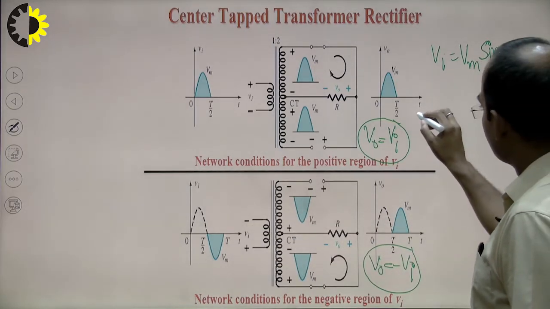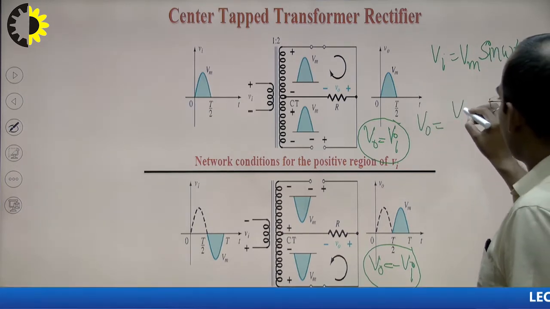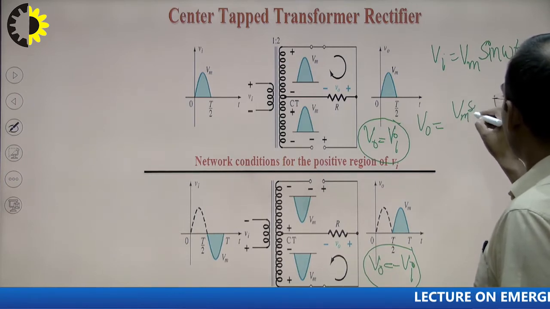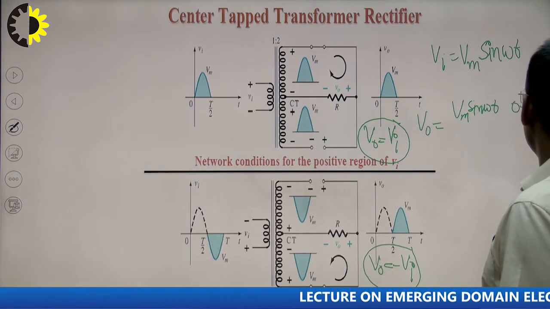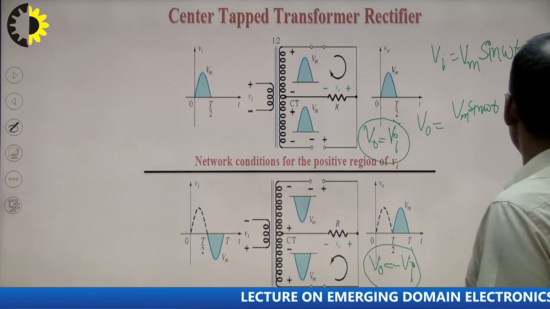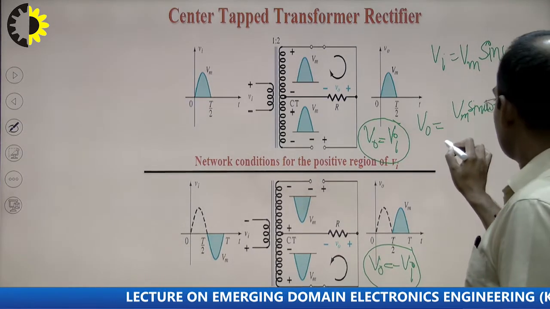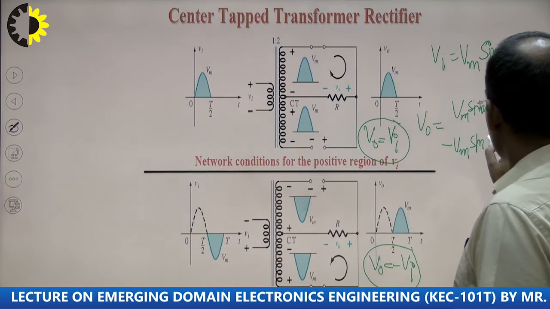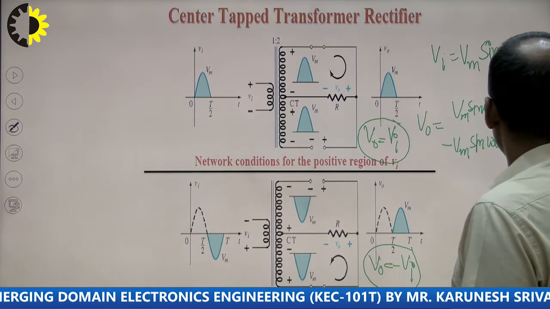So I am writing the expression: V naught is equal to Vi, or Vm sin omega t, for the interval 0 to T by 2, and V naught is equal to minus Vm sin omega t for T by 2 to T.